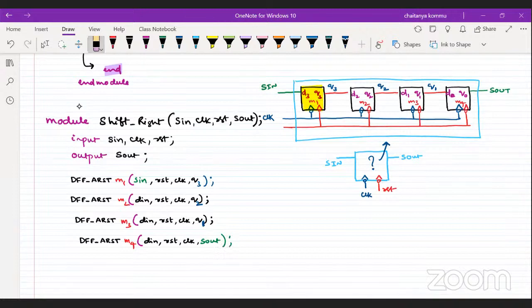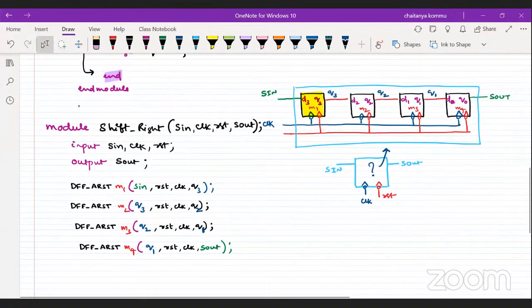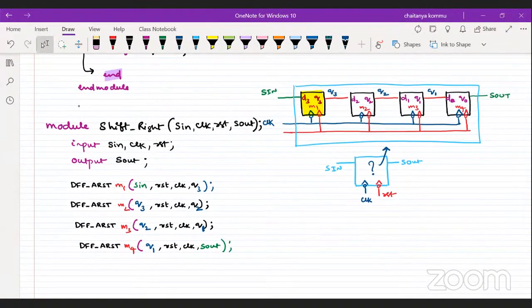But here also it is very important to note what the D inputs are for everything. This is here actually Q3. This is Q2 generated from previously. This is Q1 generated from previously. That's it. But Q3, Q2, Q1 are internal to the circuit. Therefore, I would like to write wire Q3, Q2, and Q1.